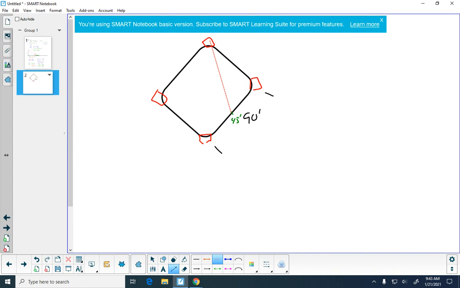Well, if we take a look at this relationship here, and we throw it from not that he's running away from home plate, but he's running towards first base. So let's let this equal our x value.